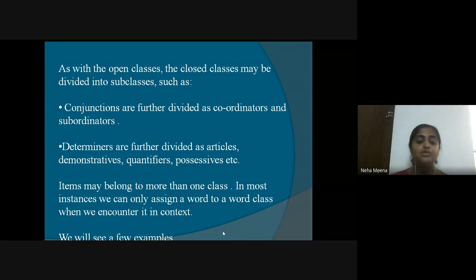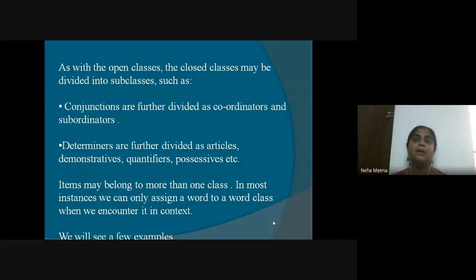Items may belong to more than one class. It is not necessary otherwise when we are talking about the closed classes. Here we are only talking about the closed classes, because conjunctions and determiners are both closed class words.